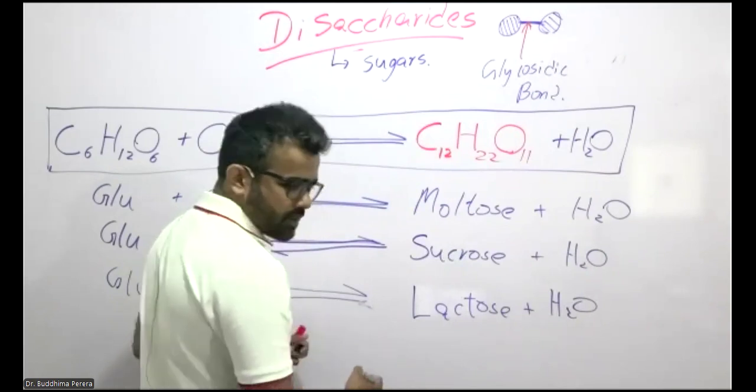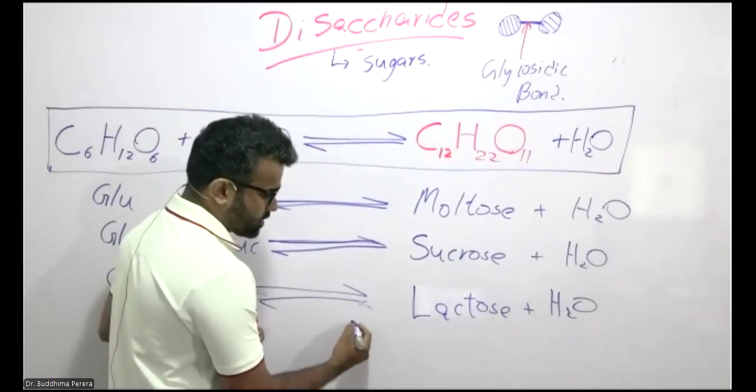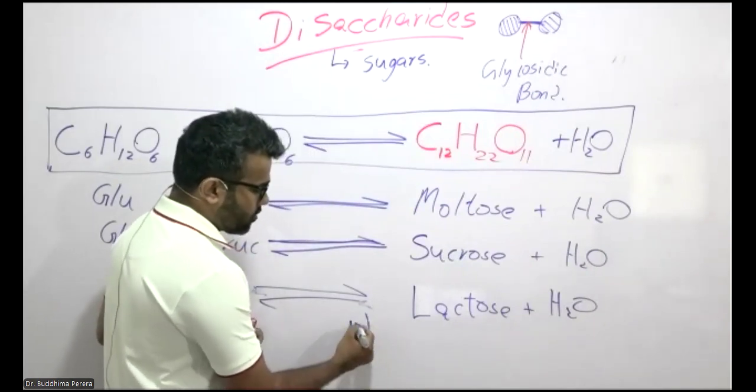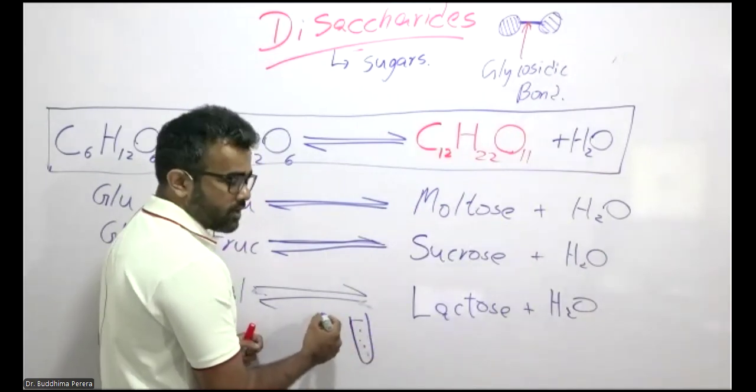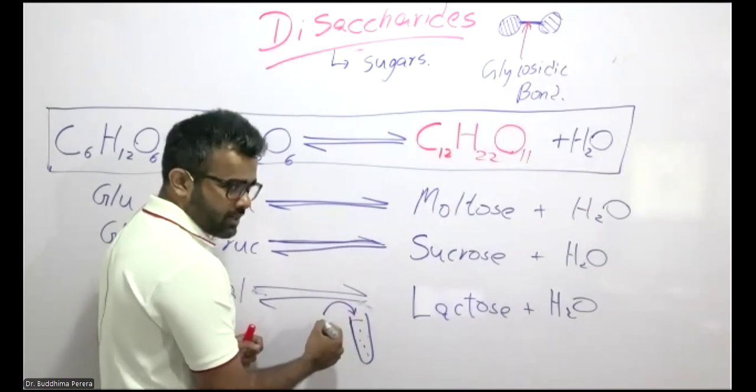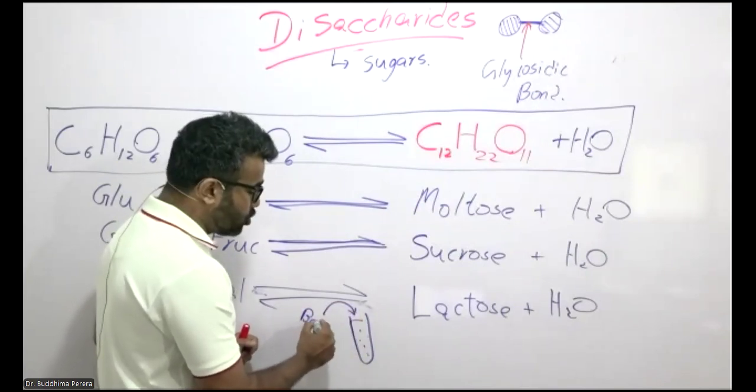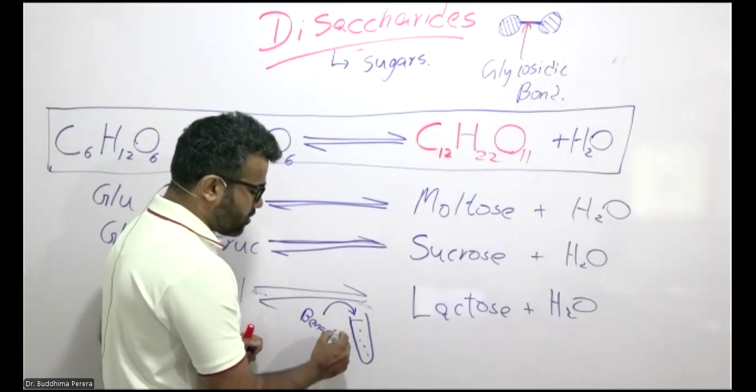You take a glucose solution, then you put what? Benedict solution, which is blue in color.